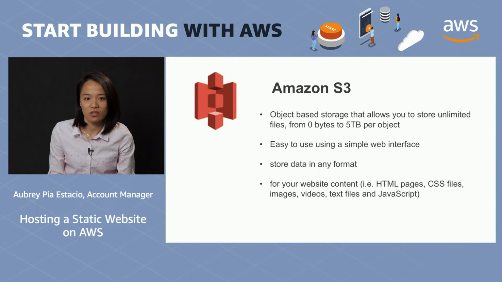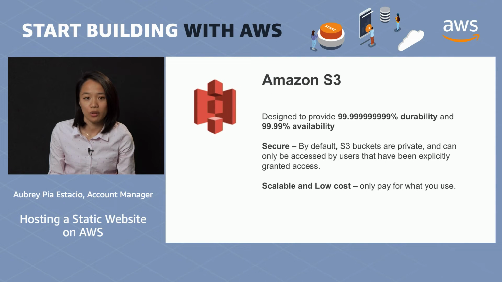There are many benefits of using S3. It is durable, highly available, secure, scalable, and low cost. For durability, Amazon S3 storage is designed to provide 99.999999999% of durability and 99.99% for availability.